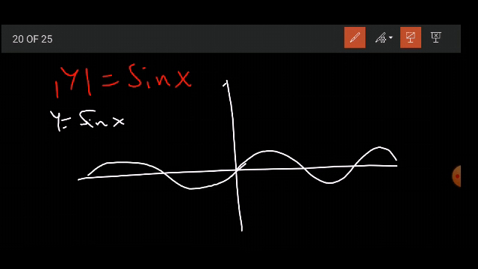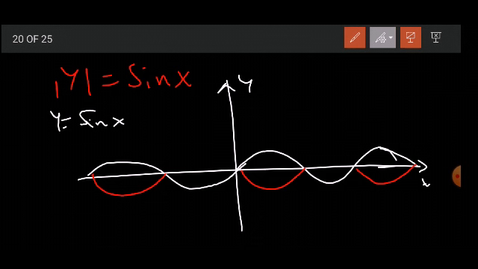And for |y| = sin x, this is the y-axis, this the x-axis, and this portion is sin x. You have to consider the mirror image here, this portion and then this portion.